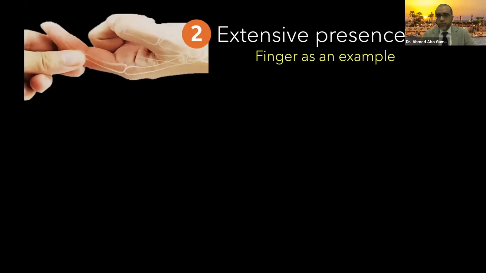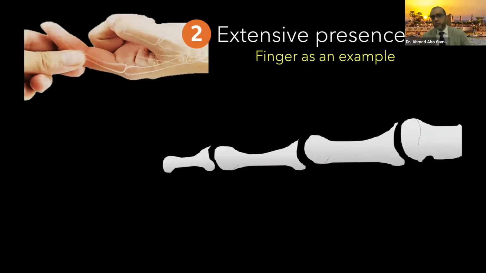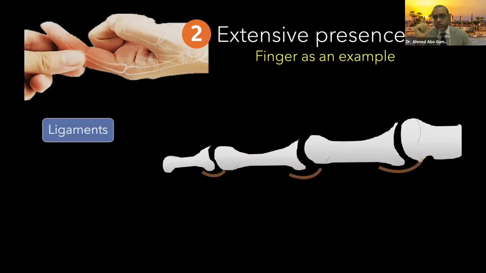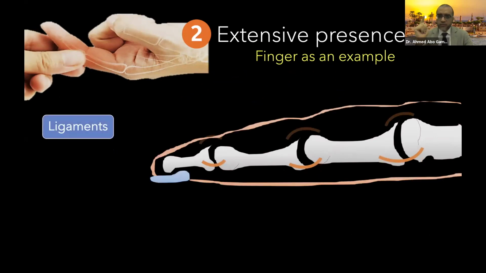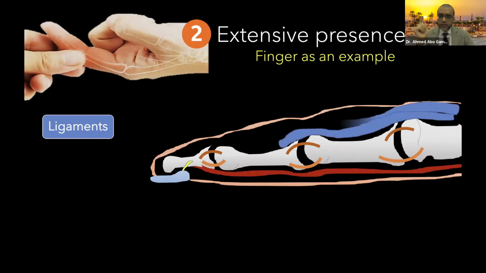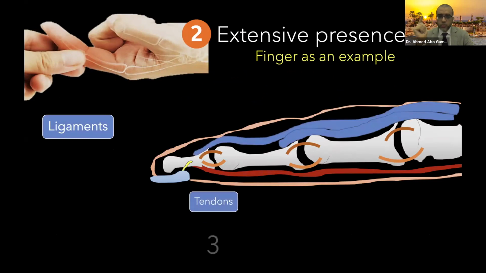The second point that makes enthesitis difficult to count based on clinical assessment is extensive involvement. If we take only one finger as an example, we can count the attachments of the ligaments at the one finger, almost exceeding 13 sites of attachment. If we add the extensor and the flexor tendon attachments, that would be 3 more attachments, plus the tendon pulleys, which are useful to fix the tendon in place.